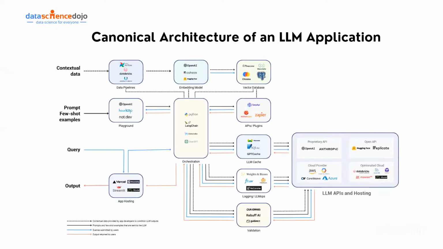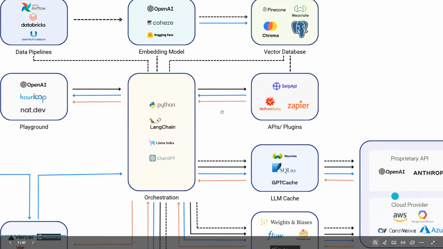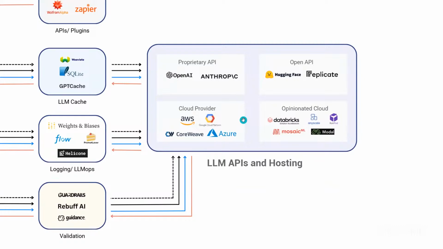And then this is a typical architecture, and I think it is time for us to update this a little bit. This slide is a bit dated, but I will do a voiceover and explain things to you. The core of an LLM application is what we call a large language model.